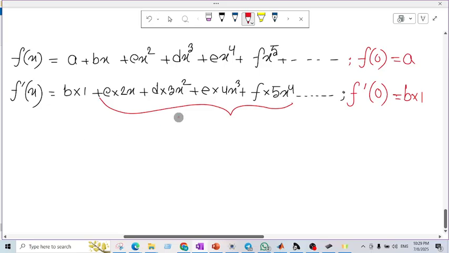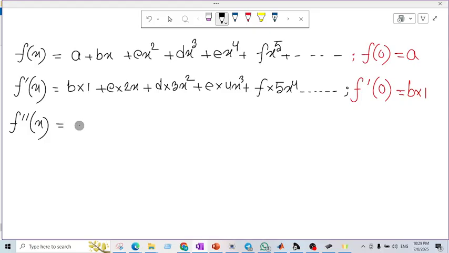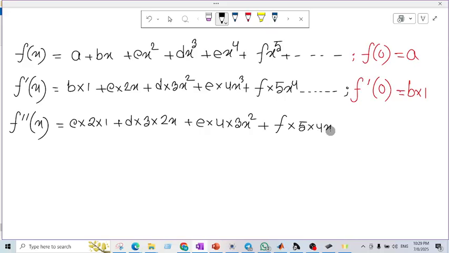So this is simply equal to the first term, b into 1, because this term will be simply equal to 0. Okay, and then I need to differentiate it again, f double prime x. So if I differentiate this, first term will be equal to 0, second term will be 2 into 1, third term will be 3 into 2x, then fourth term is 4 into 3x square, then this term will be 5 into 4x cube.